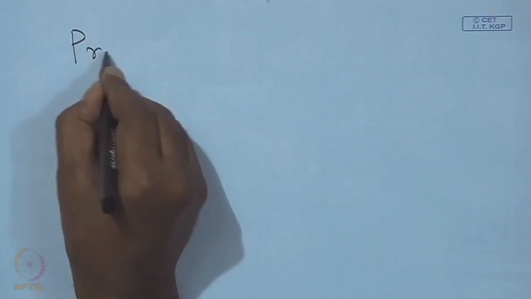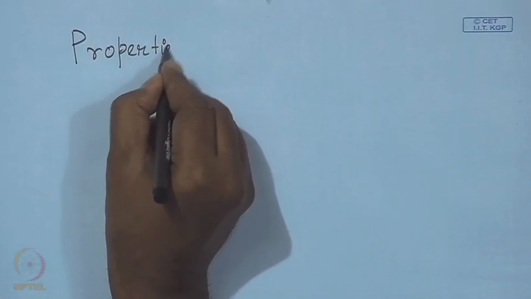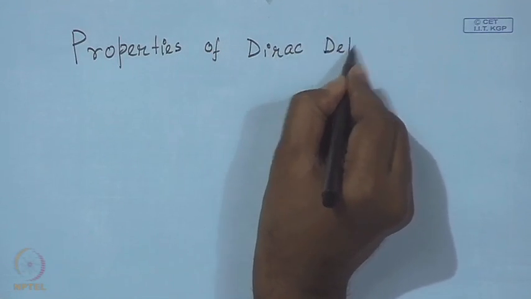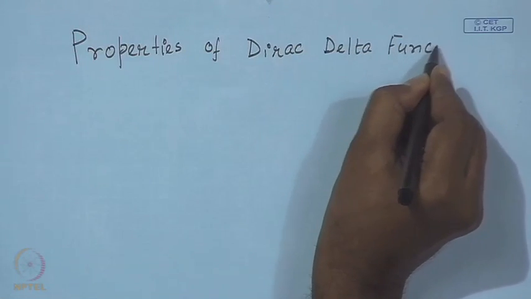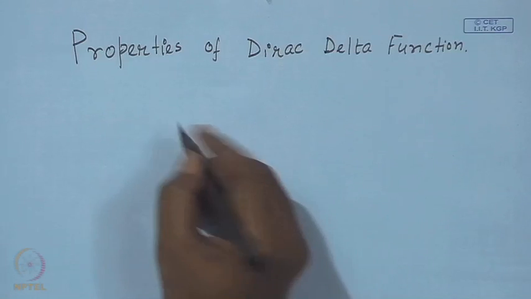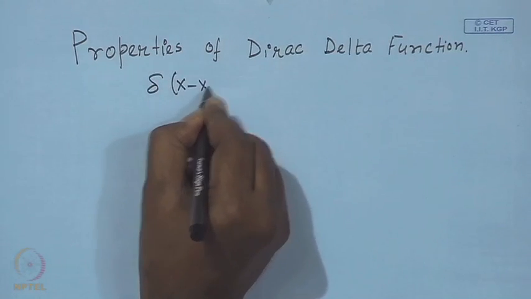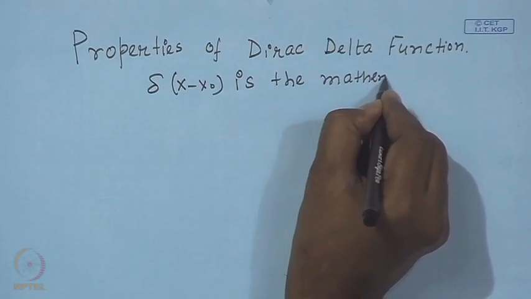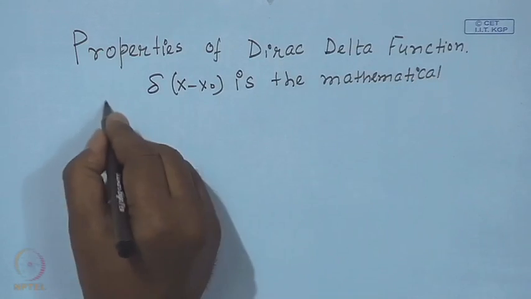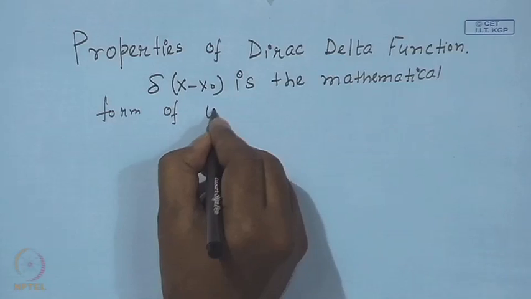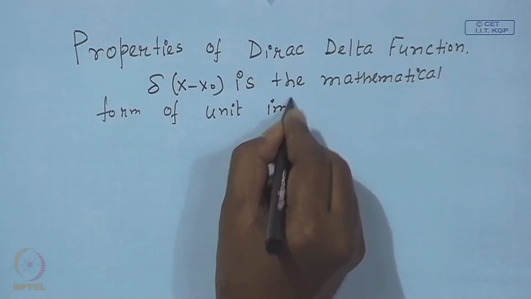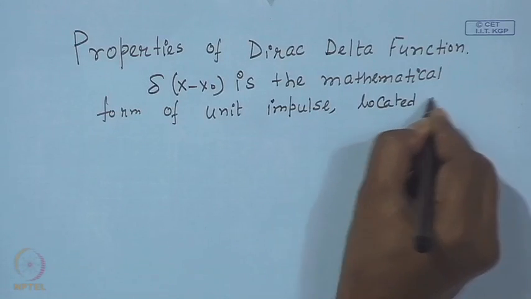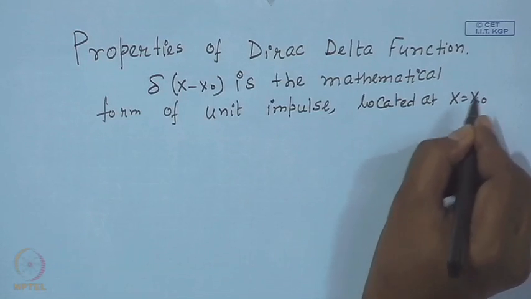The properties of Dirac delta function: delta(x minus x0) is the mathematical form of unit impulse, and that is located at x equal to x0.